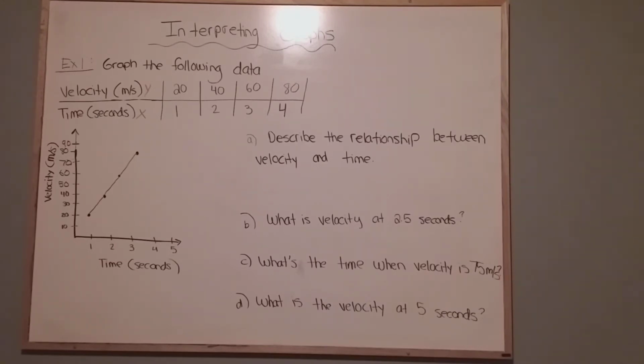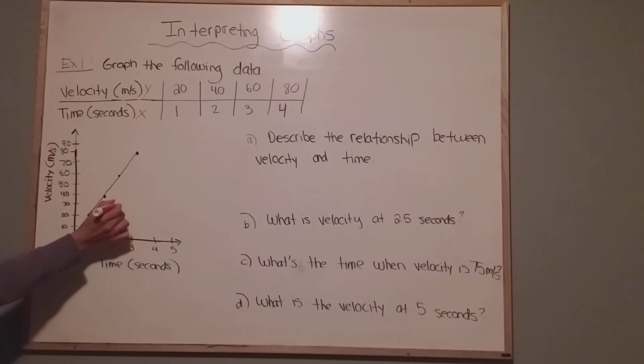So that was A. B says, what is the velocity at 2.5 seconds? So they're asking you to use this graph, not algebraically, to find out the velocity at 2.5 seconds. They're giving me the time. So I go to 2.5, which is approximately here. Then I slowly go up until I hit my line.